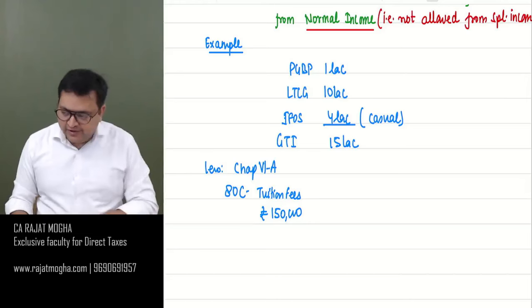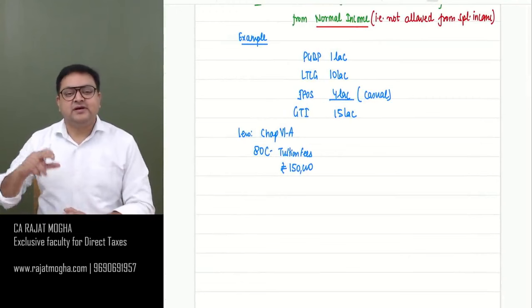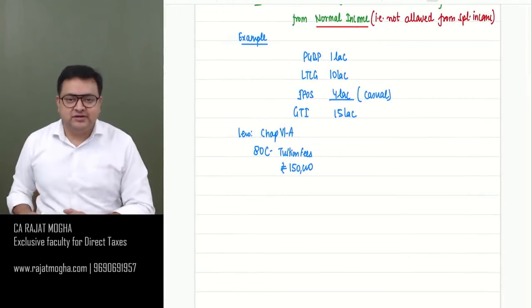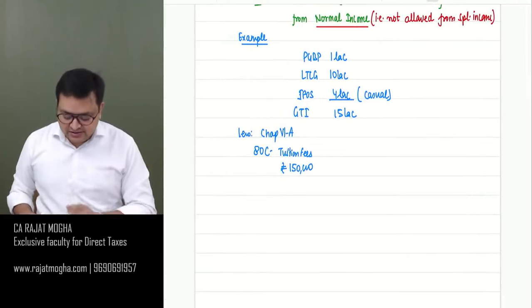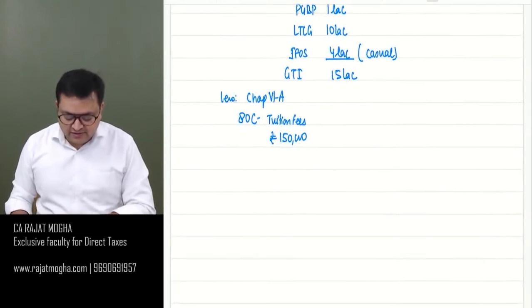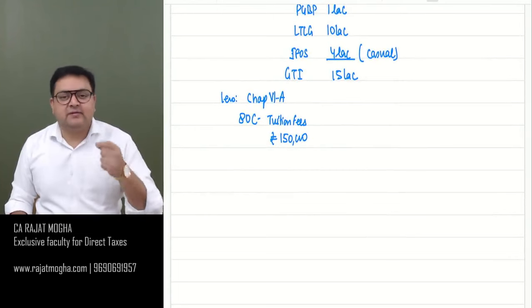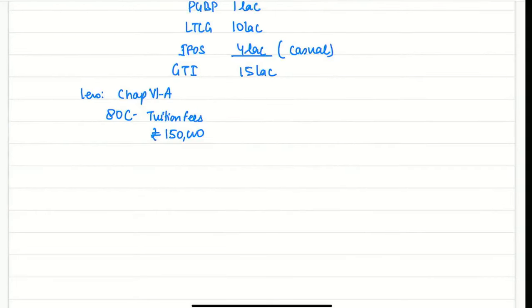So what we have to do in our rough page? The rough page is the last page of your answer sheet. Whenever you are giving deduction under chapter 6A, it will take just 10 or 15 seconds of yours.